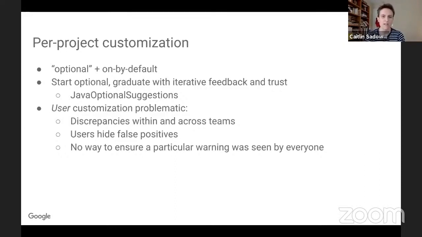on top of that. One thing that's nice is analyzers now have the ability to start optional and then graduate to on by default after you get to a point with iterative feedback and trust built. So one example there is we had an analyzer that is showing problems in Java code, Java optional suggestions, but they're not correctness typically.